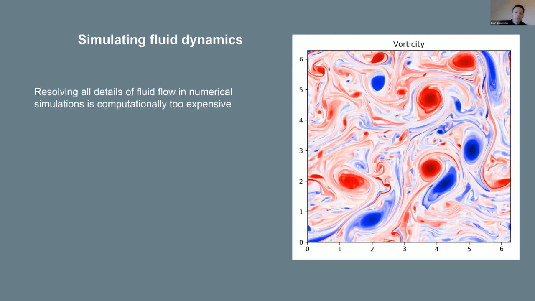On the right, you see a snapshot from a simulation. What you see is vorticity, which is related to fluid velocity. You see large scale features and a lot of small scale detail, for which you need pretty fine resolution to resolve it.